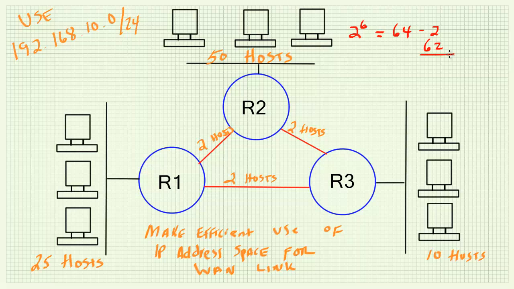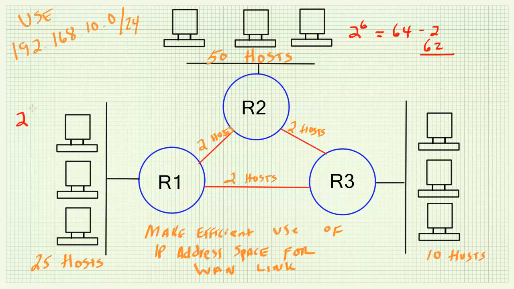So how about location 1? Well, we'll go through the same routine. What if we were to take 2 to the 4th? Go ahead and write 2 up here. If we were to raise 2 to the 4th power, meaning that we were claiming 4 host bits for this network, 2 to the 4th is 16 possible values, and that's not enough. We're told that we need 25. So what if we take 2 to the 5th?